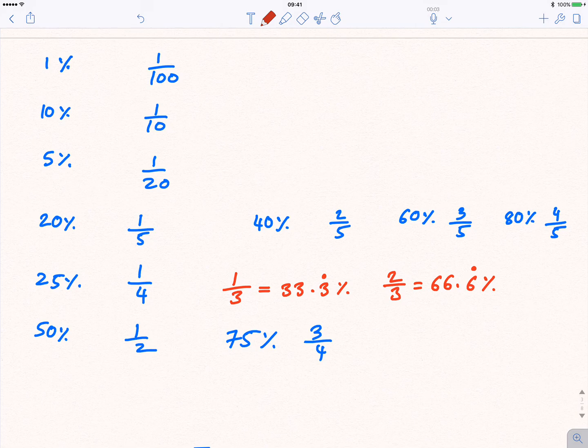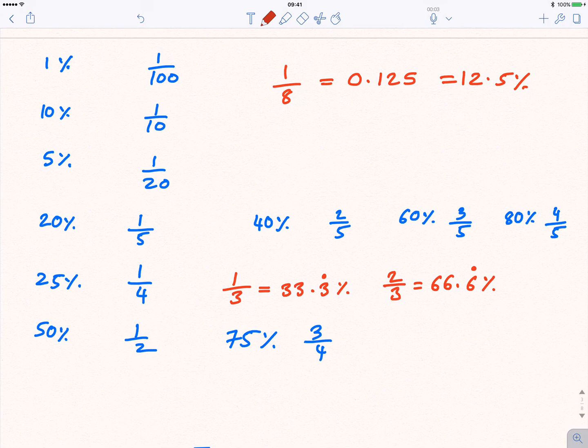And we should also know fractions such as 1/8, and 1/8 is just 0.125, which is just 12.5%. So you need to know these fractions and percentages off by heart. It is very, very important.